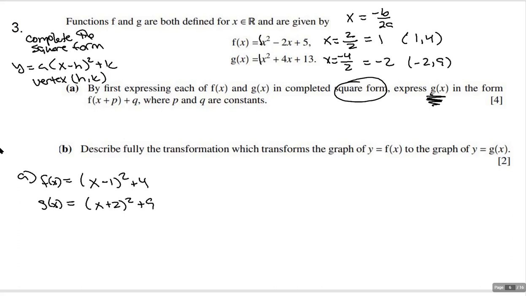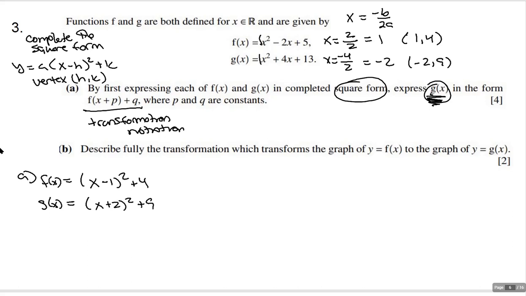And so what they want us to do is express g of x in the form of this. Hopefully you recognize this as transformation notation. In this case, we've added a number to the x, that's going to make it go to the left.